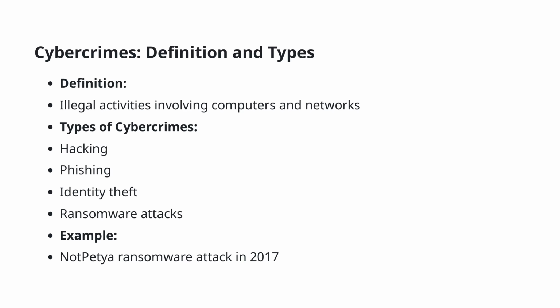On this slide, we define cybercrimes as illegal activities that involve the use of computers and networks. These activities can take various forms, including hacking, phishing, identity theft, and ransomware attacks. It's essential to understand these types as they represent real threats to any organization's security posture.